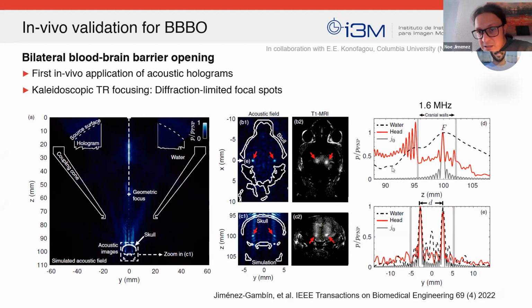So in this dashed line, this is the hologram working in water. This is what you get in a standard focus transducer, this diffraction limited. And if we compare with the best that you can do with this spherical Bessel function, which is the gray line, we are close to the diffraction limit.